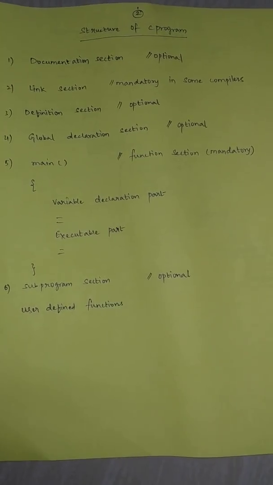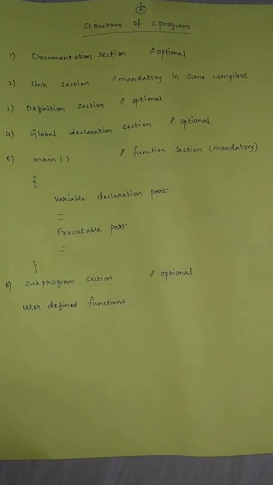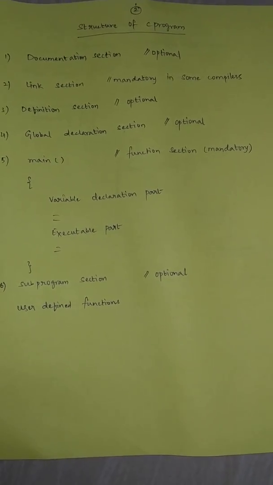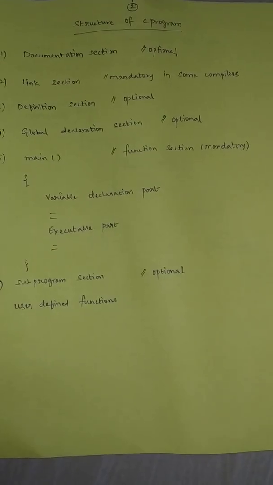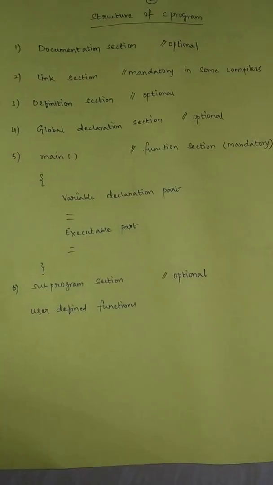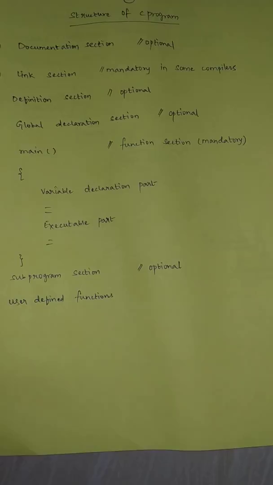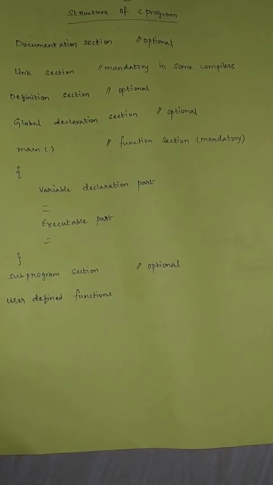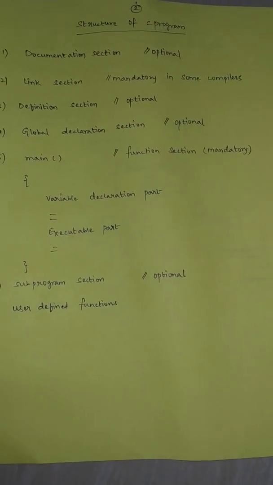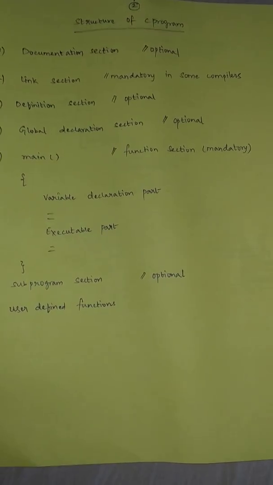So when we declare a particular variable above the main function, that particular variable can be used inside your main function as well as the functions which you are creating on your own. So that is called global declaration. We will better understand this global declaration when we understand the concept of functions, or when we understand the concept of storage classes. In storage classes, one particular storage class we have is extern. Using that extern, we can perform this global declaration. So this is also optional.